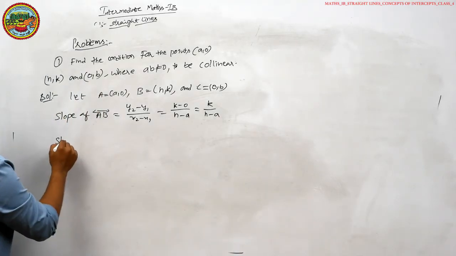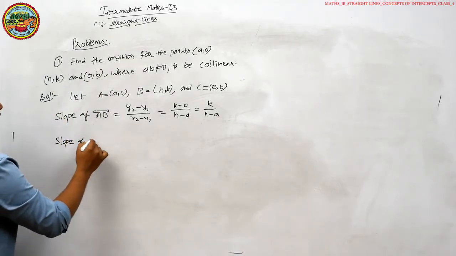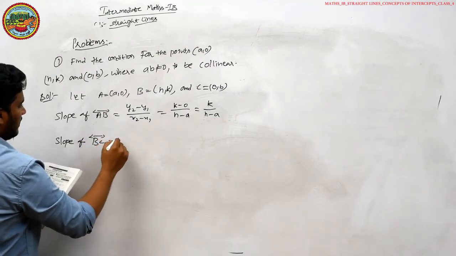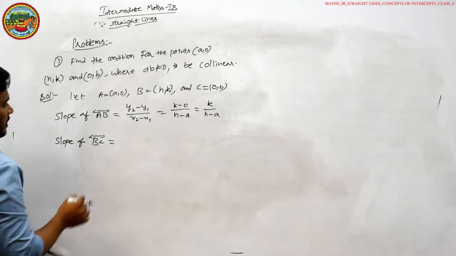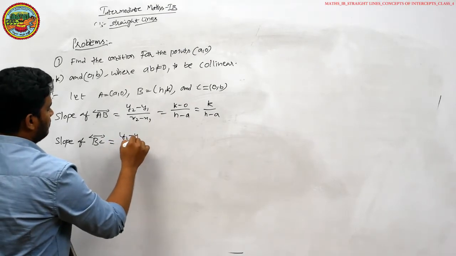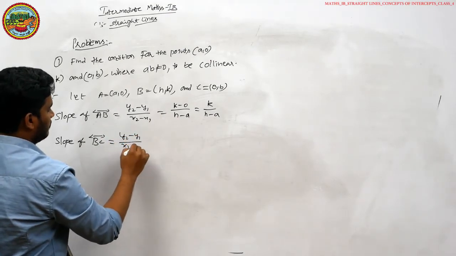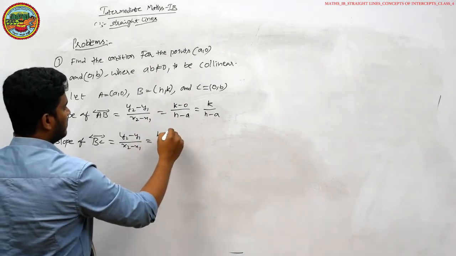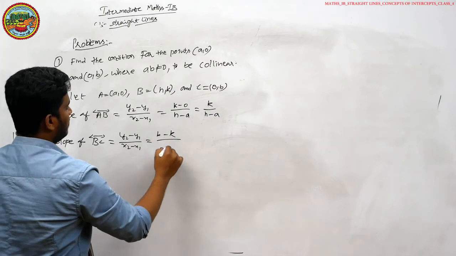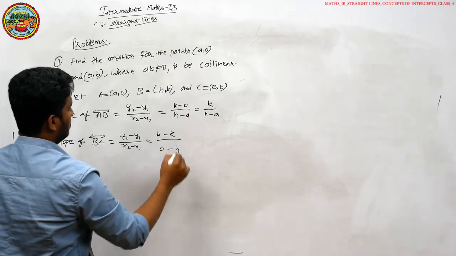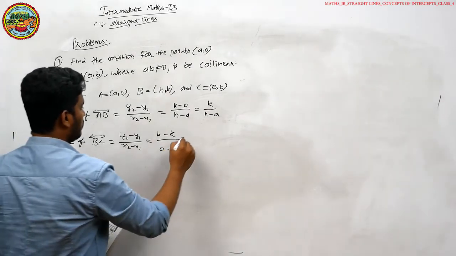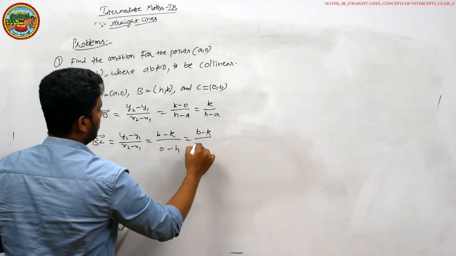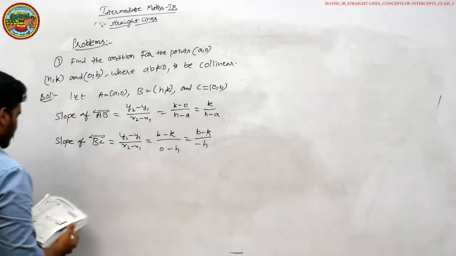Next, slope of BC. The slope of line BC is again y2 minus y1 by x2 minus x1, which is equal to y2 taken as b minus y1 taken as k, by 0 minus h, which is equal to b minus k by minus h.